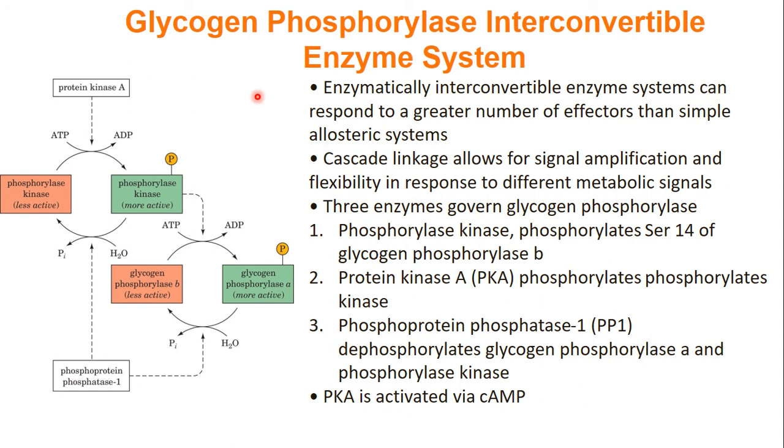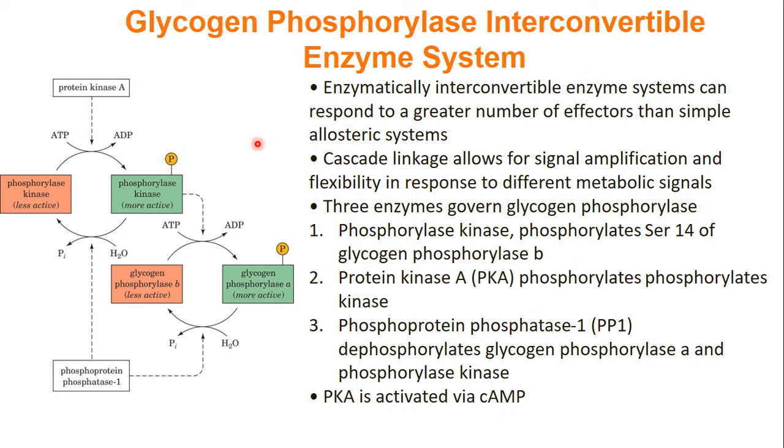All right, so let's take a look at these schemes, and this is what's called an enzymatically interconvertible enzyme system. It just means we have a lot of enzymes that are all connected, and this phosphorylation event is reversible, interconvertible, right? And this just allows us to have much finer control over our whole system.